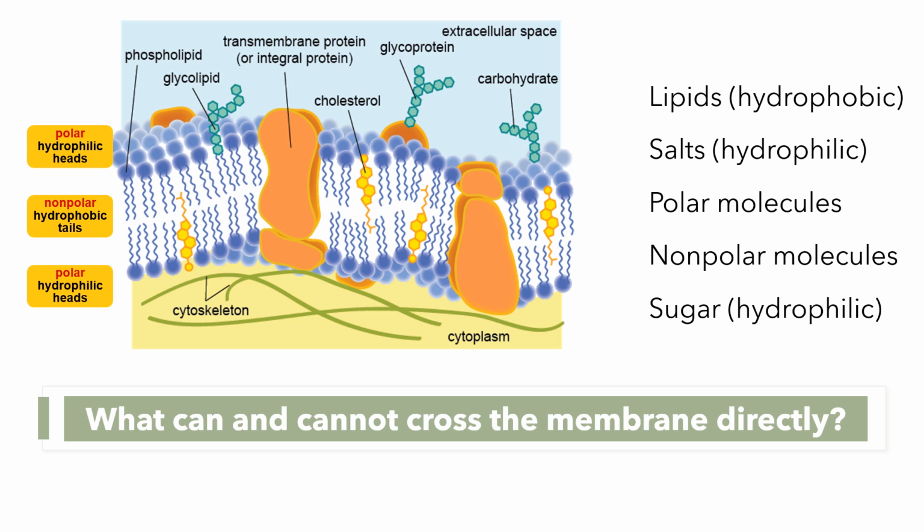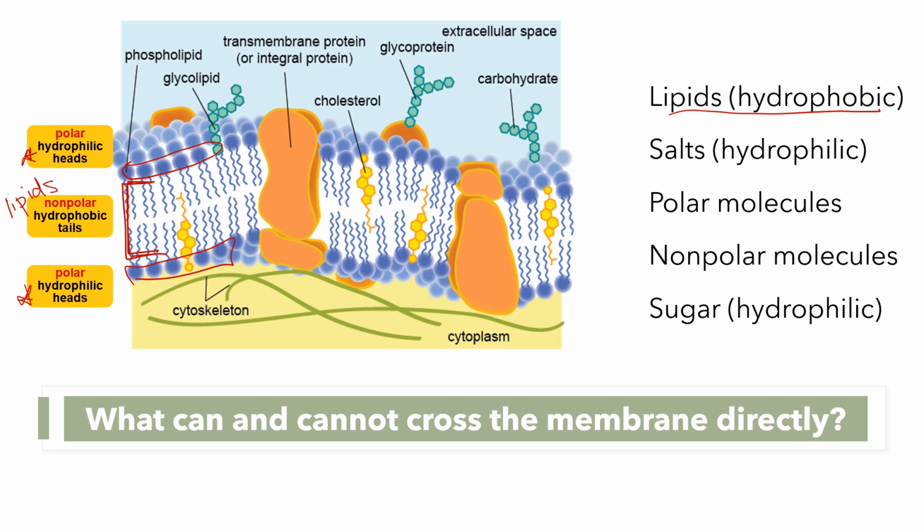Anything that is hydrophobic, like a lipid, do we think it can pass through or not? Well, let's look at our membrane itself. So we have the hydrophilic heads on the outside and the hydrophobic tails, that nonpolar area, on the inside. These are all, honestly, lipids right here.